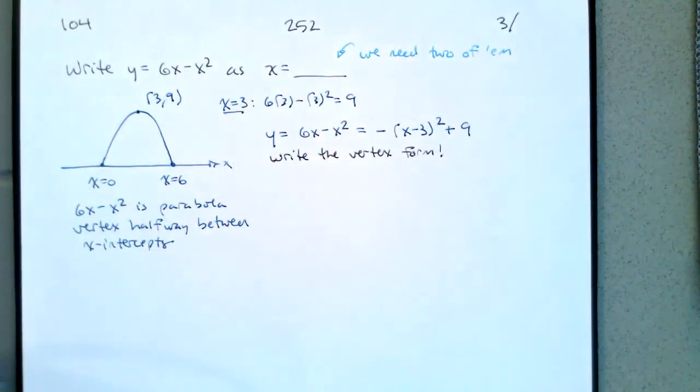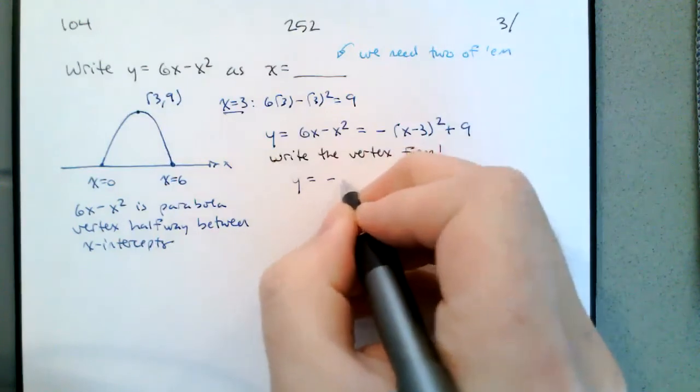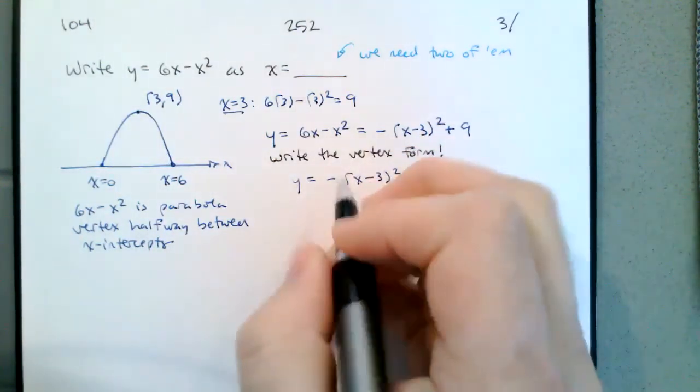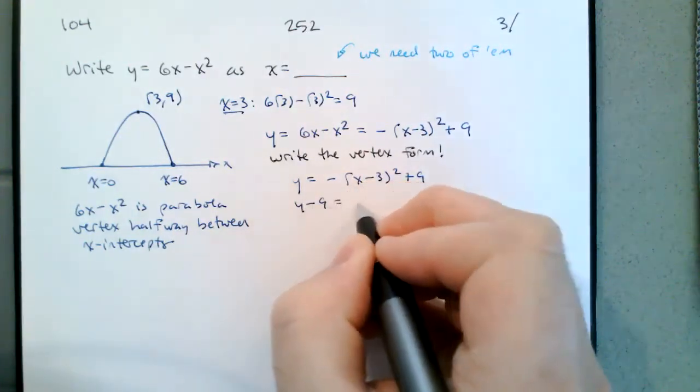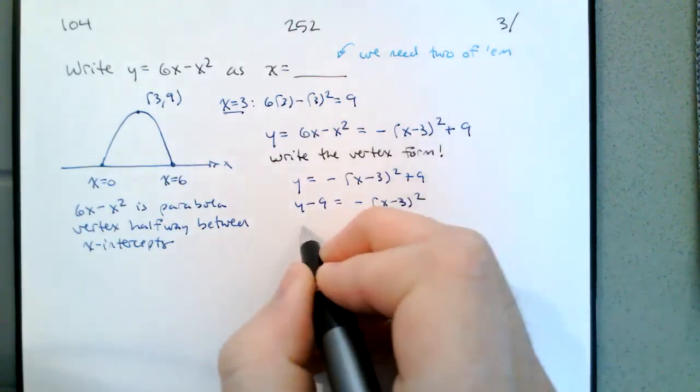The reason that we want the vertex form is that the variable x only appears once. And so now if I want to solve for x, I have y equals minus x minus 3 squared plus 9. I can subtract 9. I can divide by negative 1.